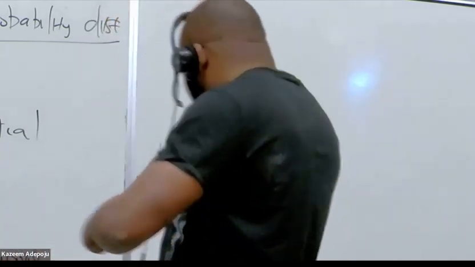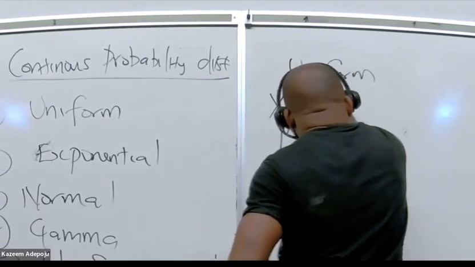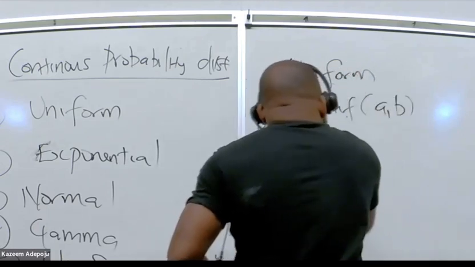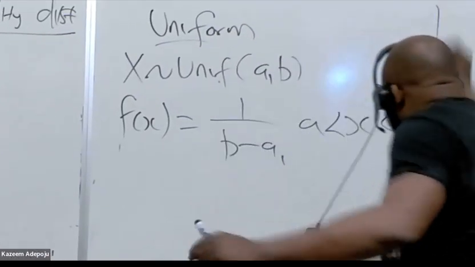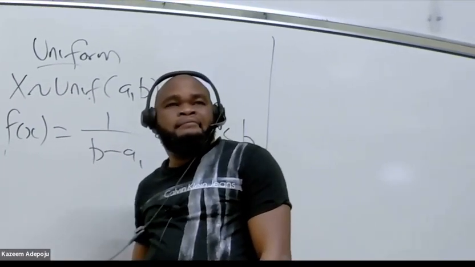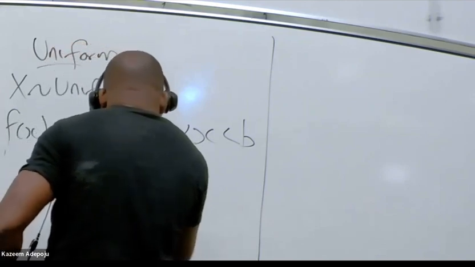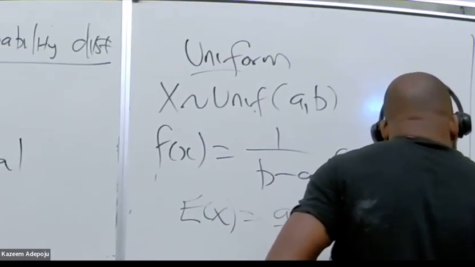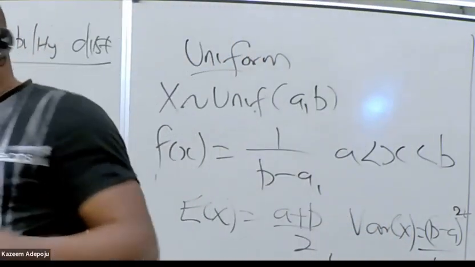In the uniform distribution, X follows uniform with parameters a and b if f of x is equal to 1 over b minus a, where x lies between a and b. This is uniform. I remember I walked you through the mean, a plus b over 2. I think the variance was b minus a all squared divided by 12. Okay, so take a look at that.